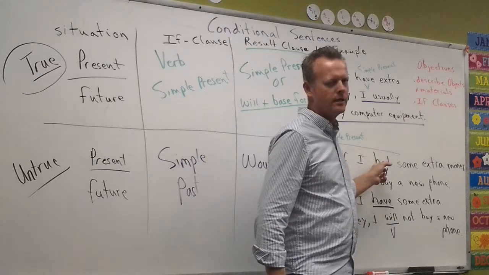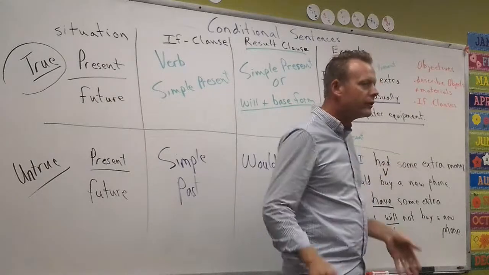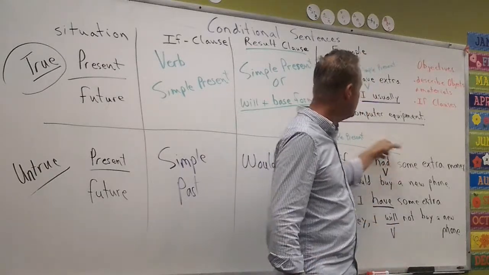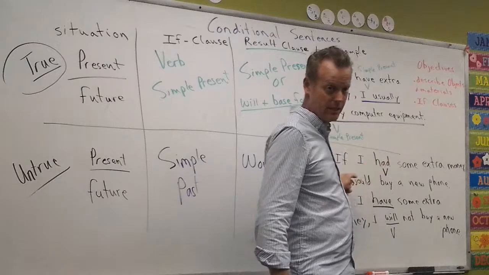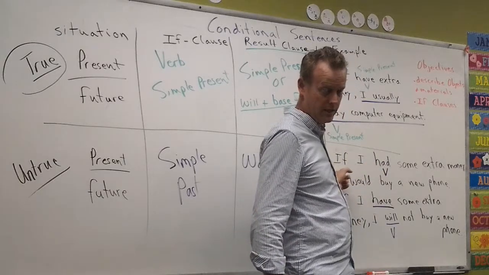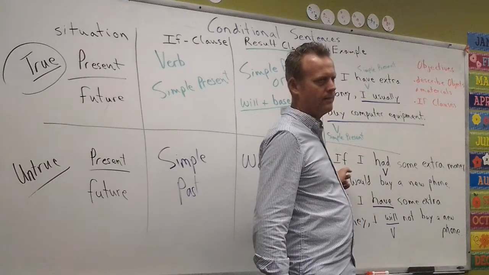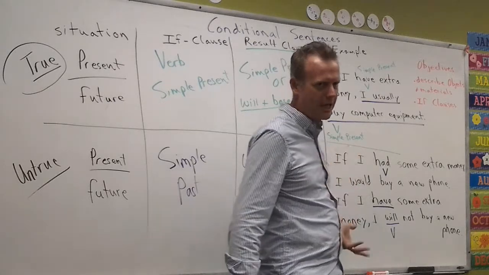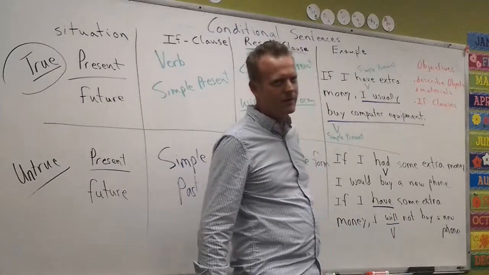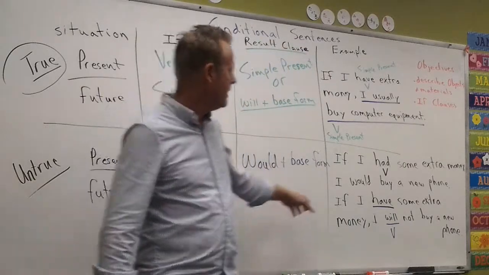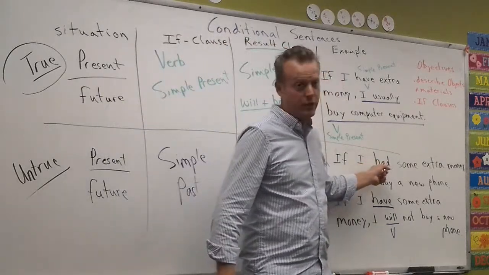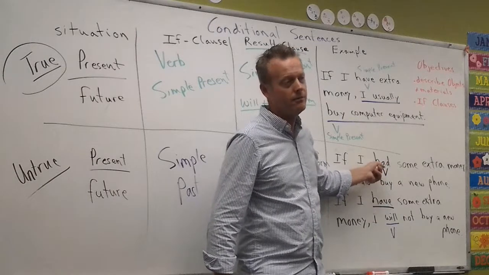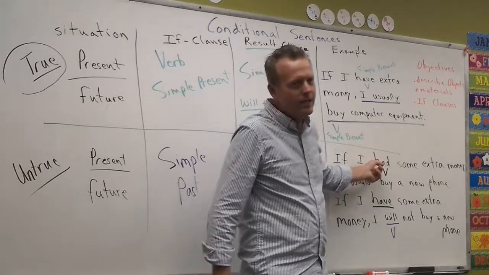So although you're referring to right now, we're using the simple past in the condition clause to talk about something that has always been untrue. You never had the money. Maybe you will in the future, but you never had it.